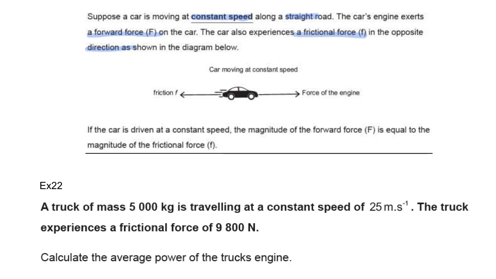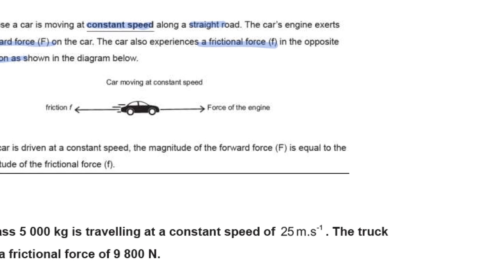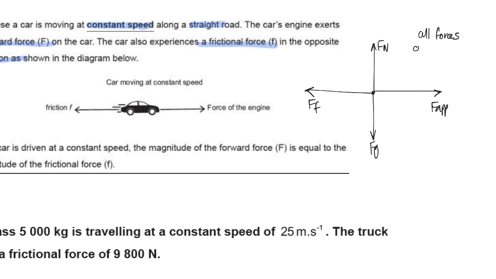When I talk about a constant speed, I must realize that if I had this car, this is what my free body diagram would look like. Notice that all forces on the object are equal.